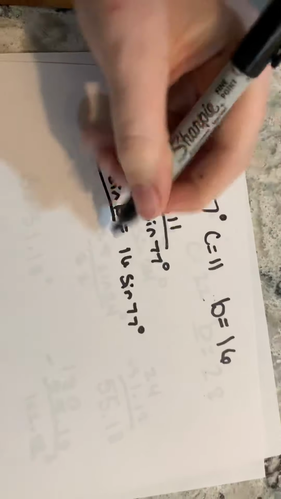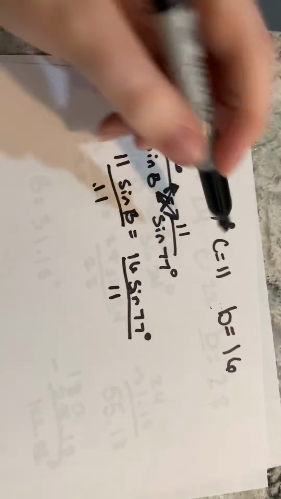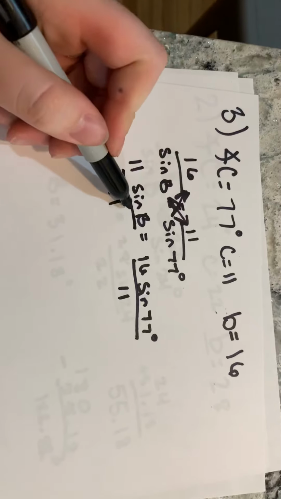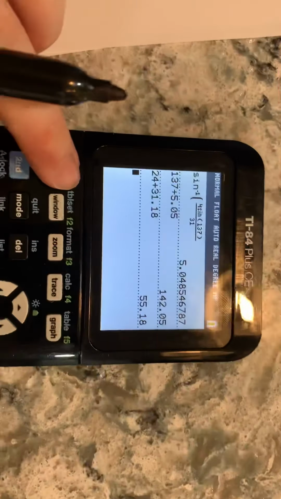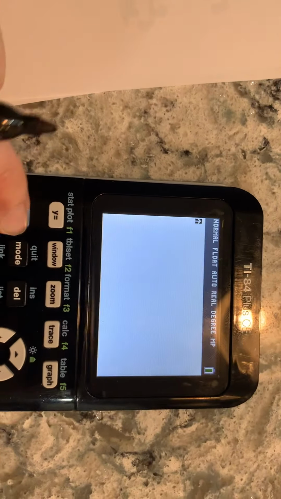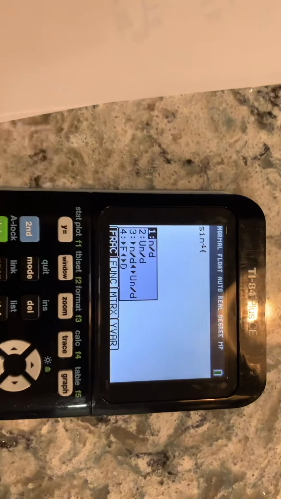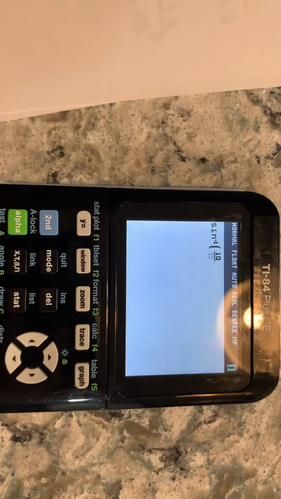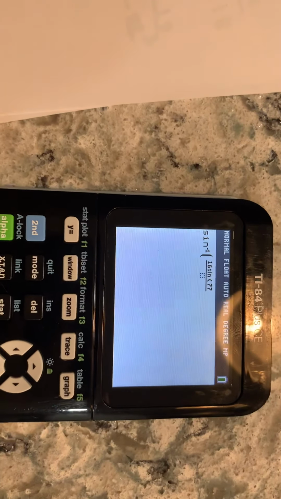So we divide by 11 on both sides and plug this into the inverse on our calculator. So we come over here and we hit second sine and we plug in what we have, which is 16 sine of 77 over 11.